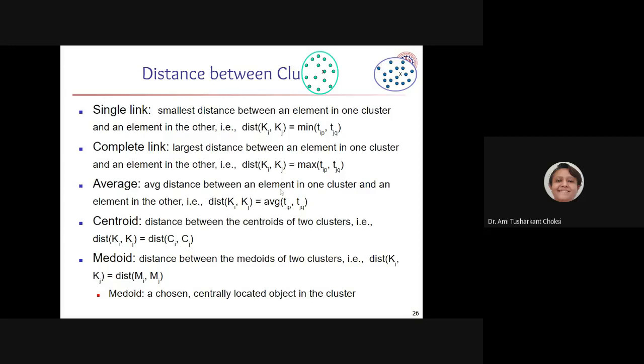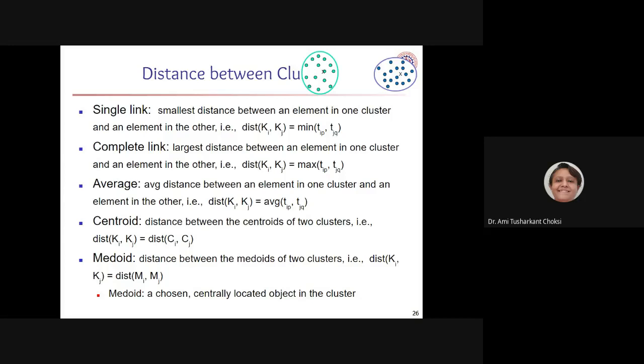The average length: what do we say about that? The average distance between an element in one cluster and an element in the other cluster is the distance between Ki and Kj, that is the average of t_ip and t_jq. Centroid is the distance between the centroids of the clusters, that is distance of Ki, Kj equals distance of Ci, Cj, the centroids. Medoid is the distance between the medoids of clusters, that is distance between Ki and Kj equals distance between Mi and Mj.